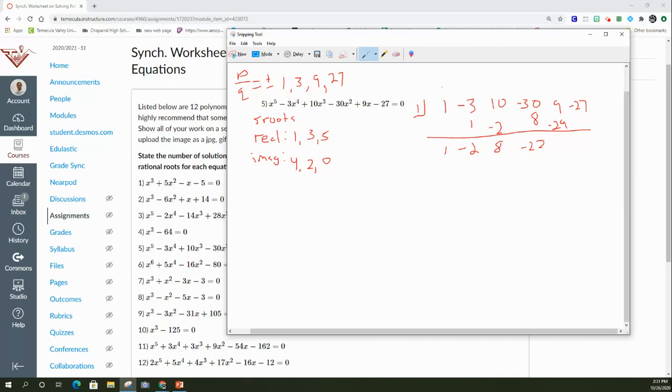So that's not going to work. I could keep going, but for the sake of time. When we're graphing, you're going to definitely want to keep going. What if we try -1? -4, 4, 14, -14. So that's -44, 44. That's not going to work.